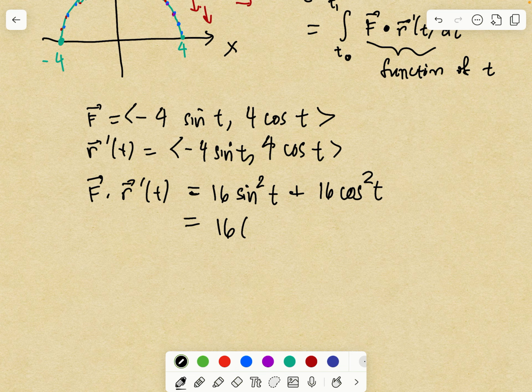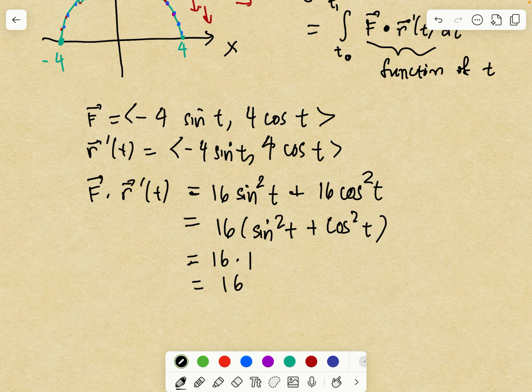In case you don't see right away, if you factor out the 16, you get in the parentheses sine squared t plus cosine squared t, and that's 1, right? So 16 times 1, which is 16. So that's your f dot r prime of t.